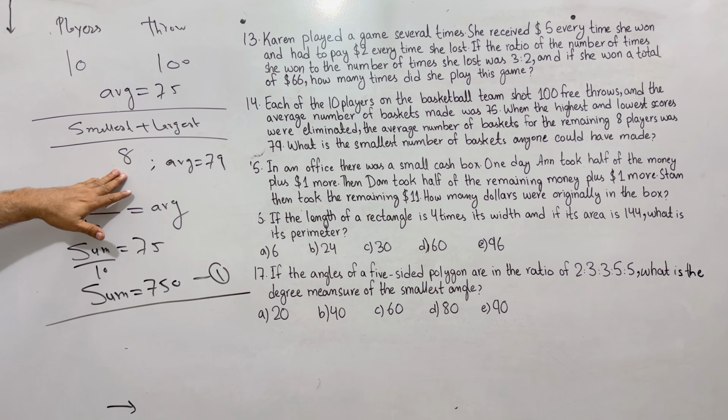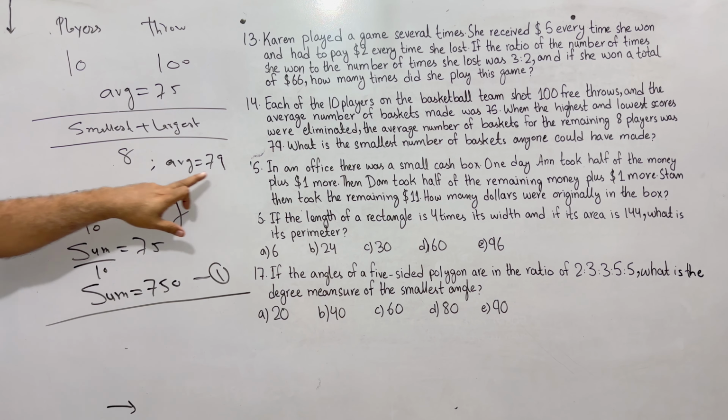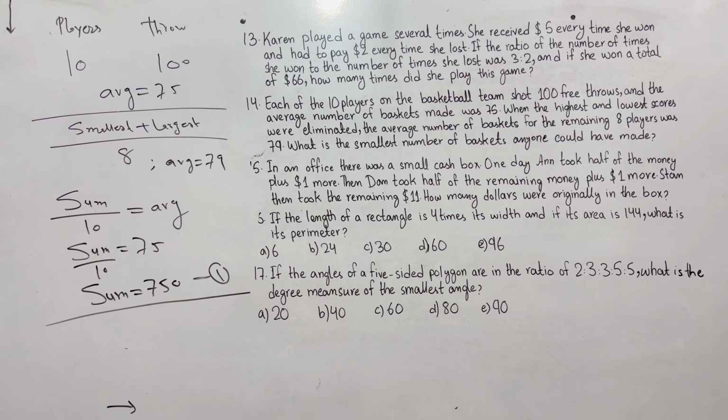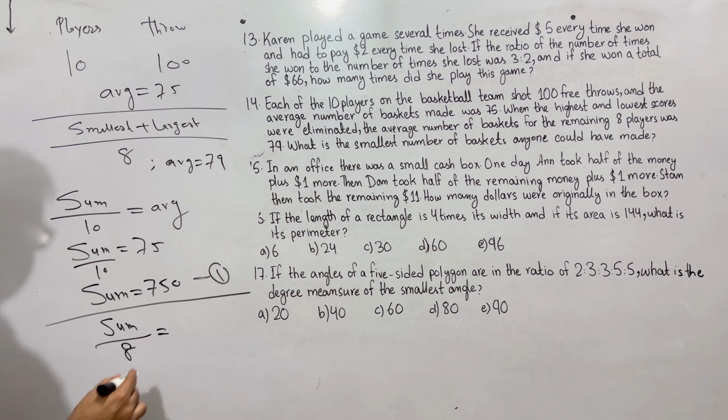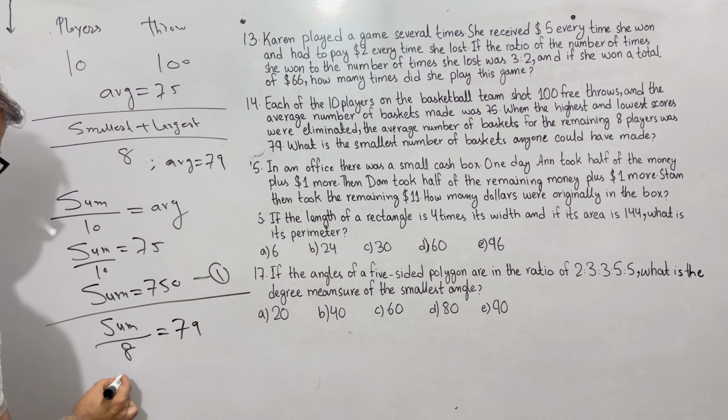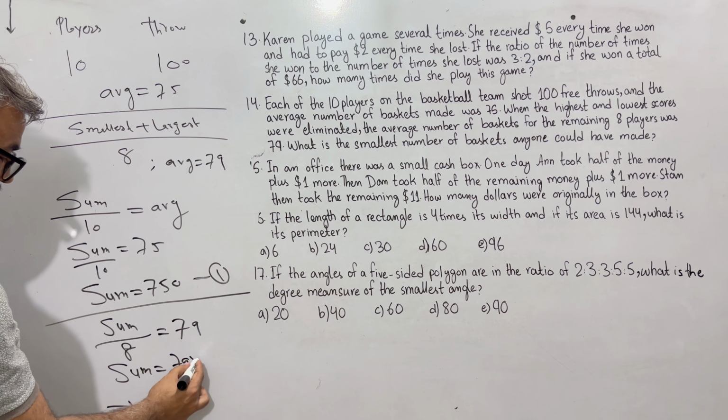What about this? This is the average for 8 players. Sum divided by 8 is equal to the average, and the average is 79. So the sum is going to be 79 times 8.